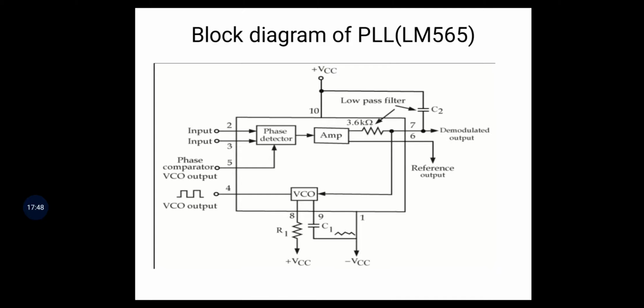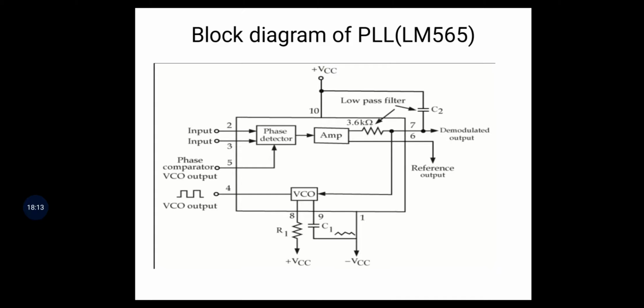The phase detector compares the phase difference between the input signal and the voltage controlled oscillator signal, and then produces a DC voltage proportional to that difference, Fs minus Fr.